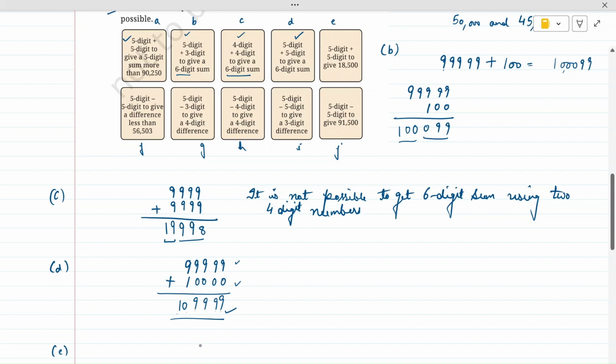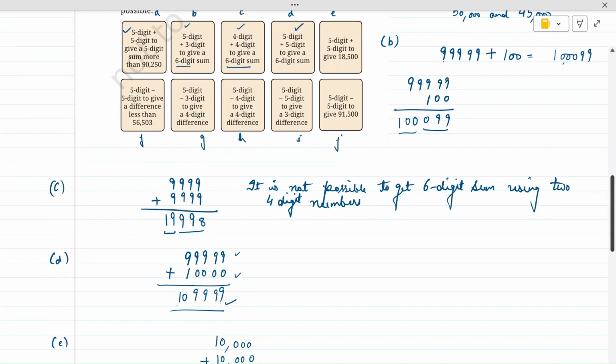So kids, if we take the smallest 5-digit number, which is this 12345, and again I am adding the smallest 5-digit number to it, then also I'm getting 20,000, which is greater than the 18,500 given to us.